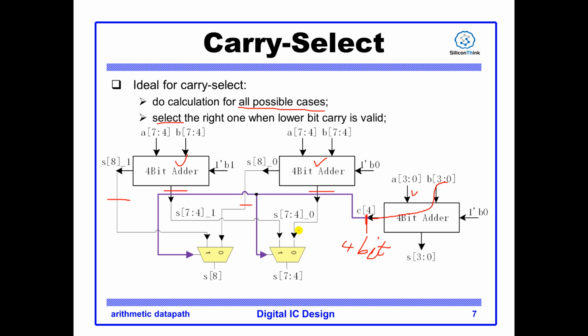So the total delay will be the delay of this adder plus the delay of the mux. So this is the total delay for this architecture of the 8-bit adder.